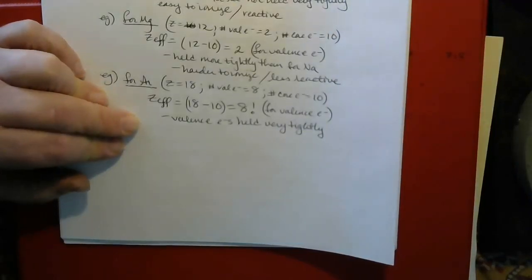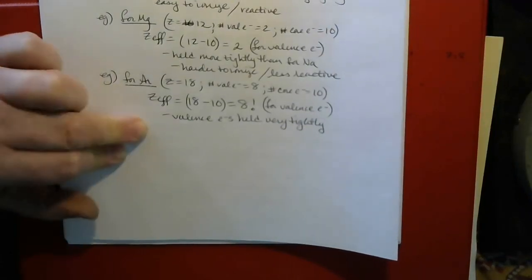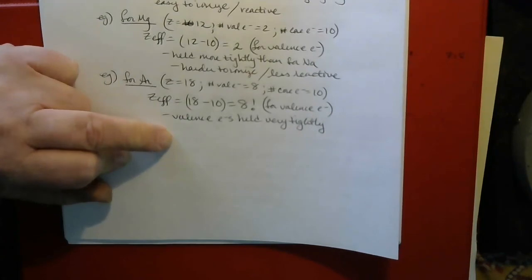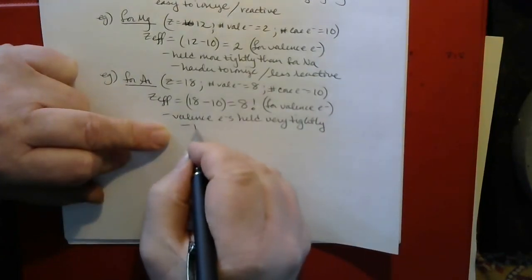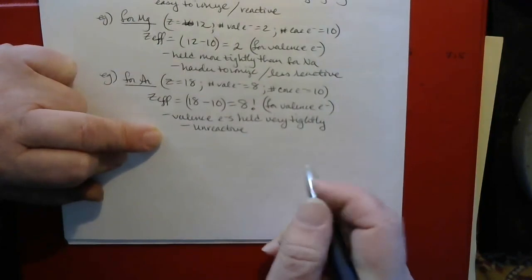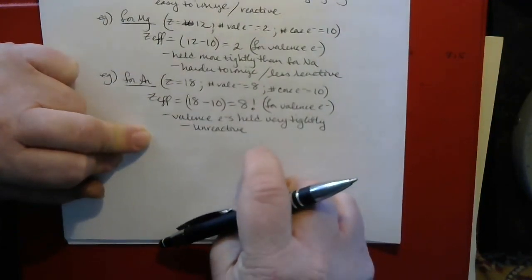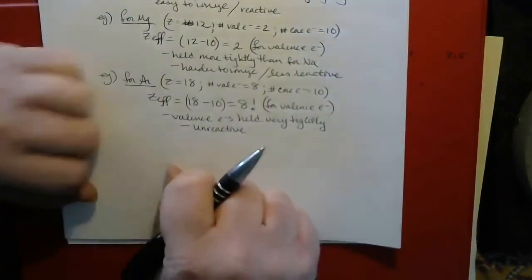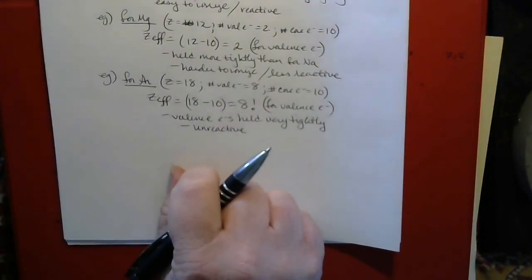And so the valence electrons are held very tightly for a noble gas, and that's one of the reasons that they're unreactive. Because they really have a firm grip on their valence electrons.